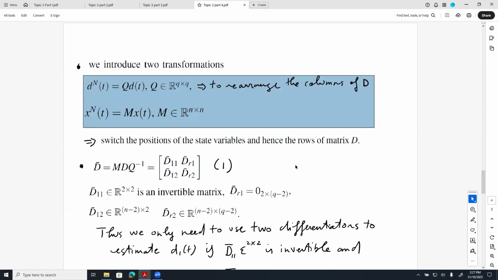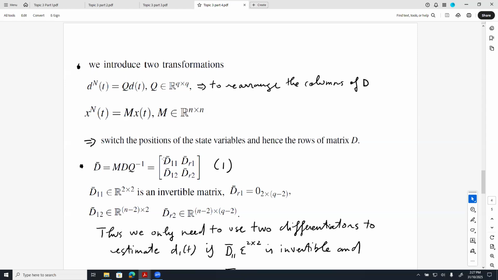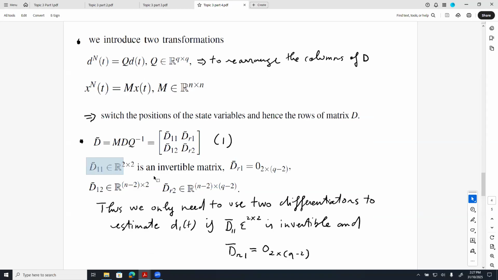And if we can achieve the following outcome, where we get this submatrix here, which we call D bar 1,1, D bar 1,1 has to be an invertible matrix.